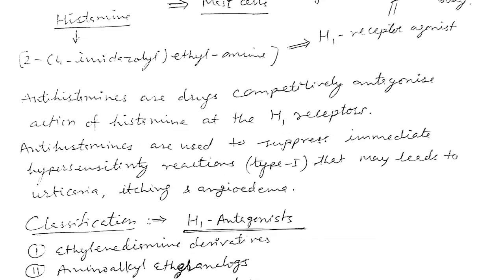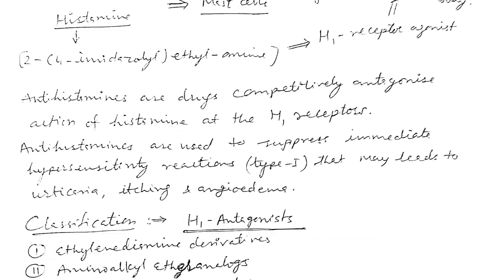What is the meaning of competitive antagonist? They compete with histamine for binding at the H1 receptors, so the H1 receptors will be blocked by these antihistaminic drugs.